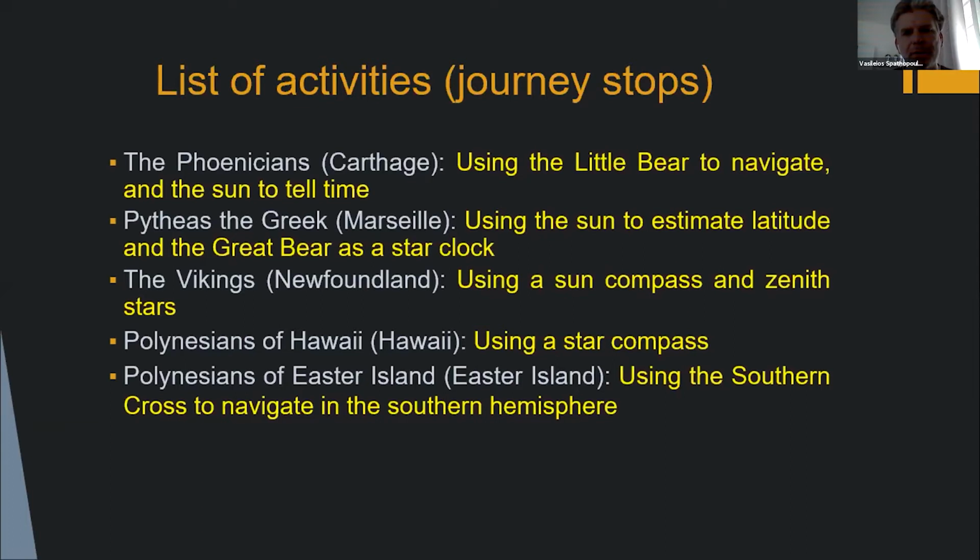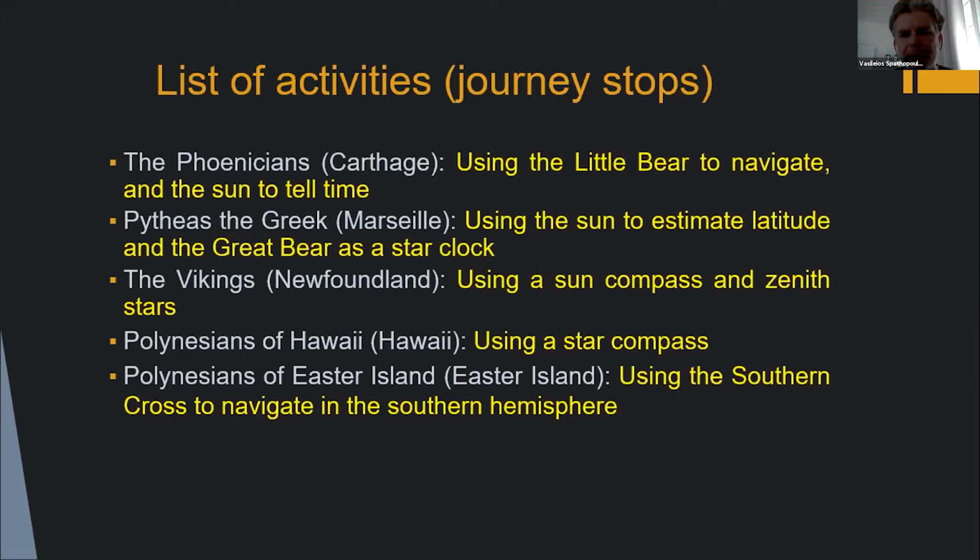And the reason that they're so important for this project is that we have written references that the Phoenicians used the stars, and in particular the constellation Ursa Minor, the little bear, in order to navigate. The ancient Greek poet Aratus tells us that the Phoenicians put their trust into the little bear in order to navigate.